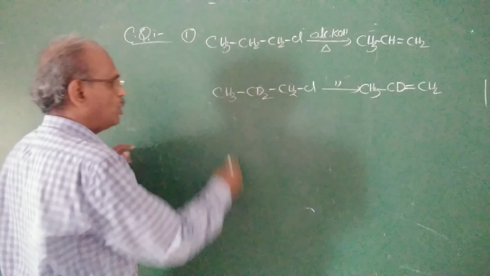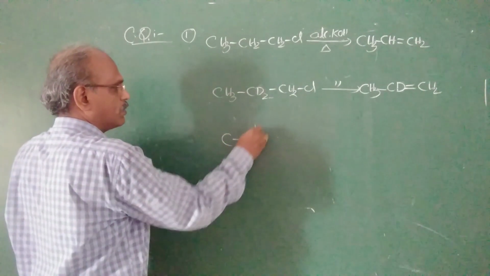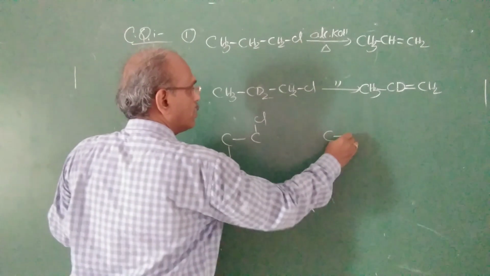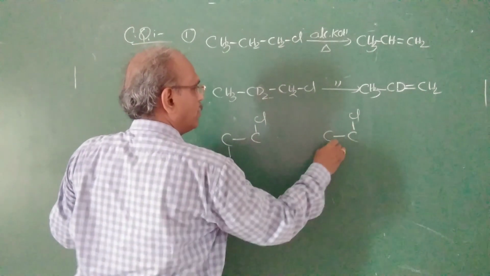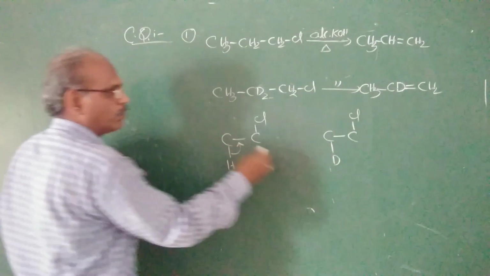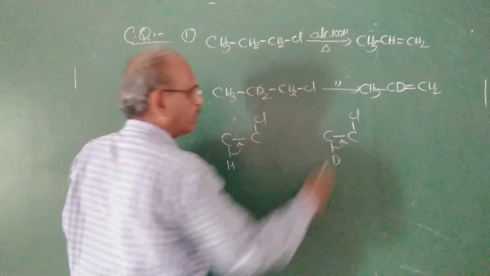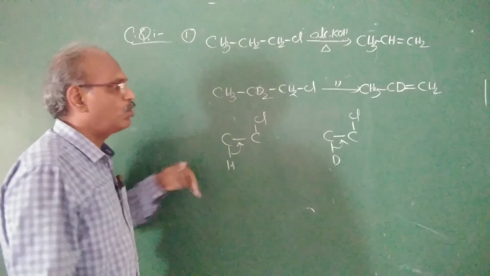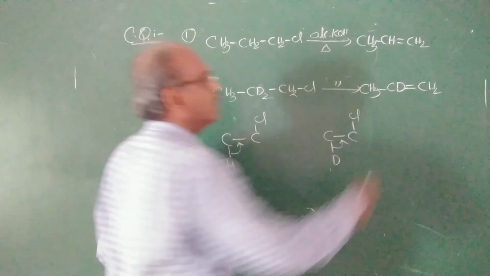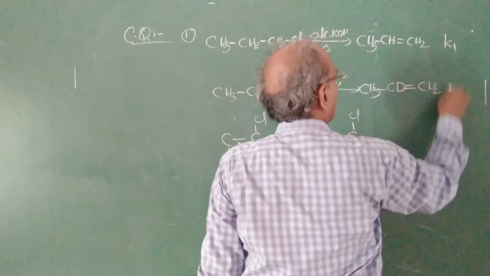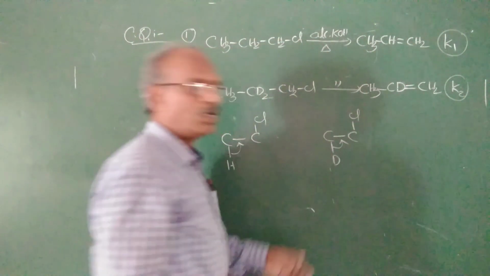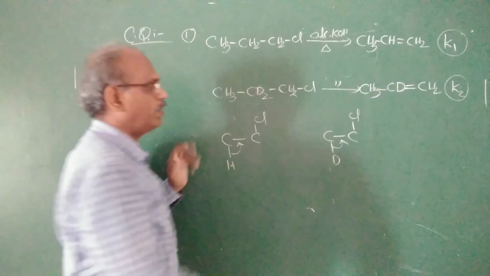See, we know that this is a single step process. In the first example, this is the situation. In the second example, here we have to break the carbon-hydrogen bond. Here we have to break the carbon-deuterium bond. So whose rate is more, clearly? Say its rate constant K1, its rate constant K2. Whose rate constant is more? First one.